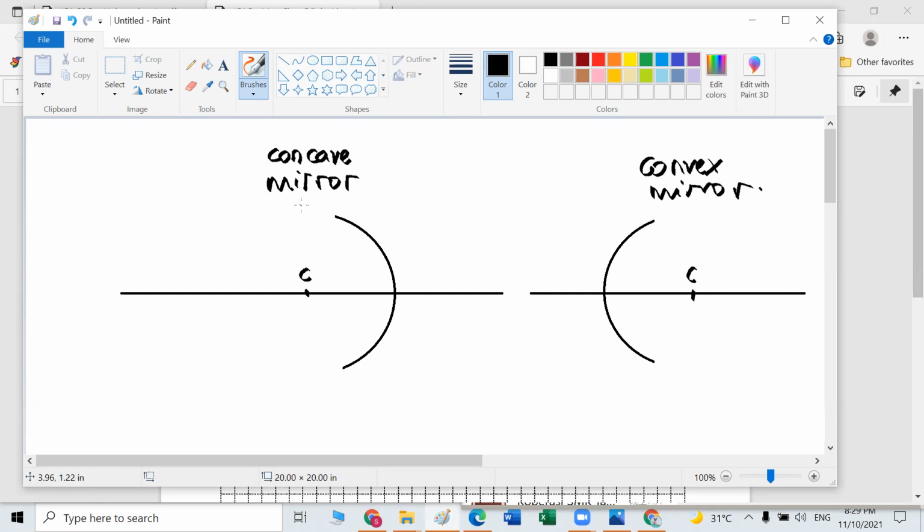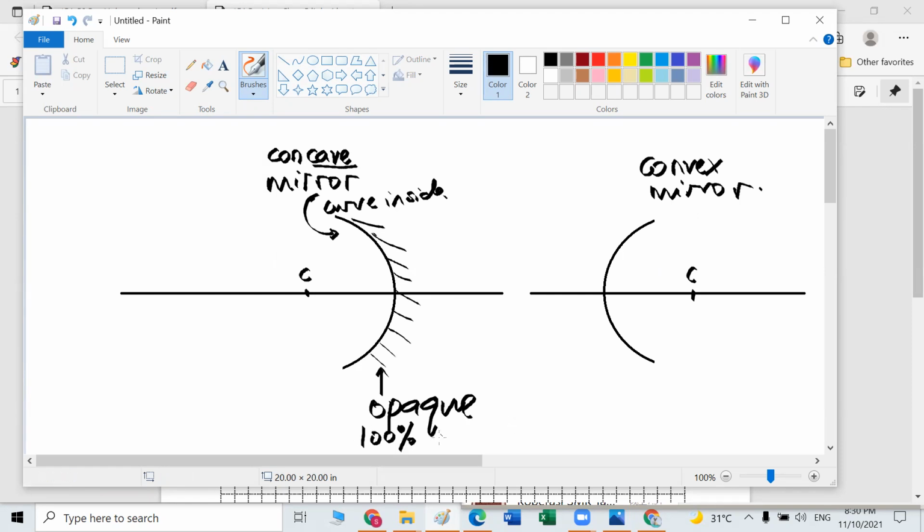Concave means curve inside. Cave, curve inside. It means the back would be opaque. So we say this is opaque. Opaque means not transparent at all, 100% not transparent. Of course, this is very curved.